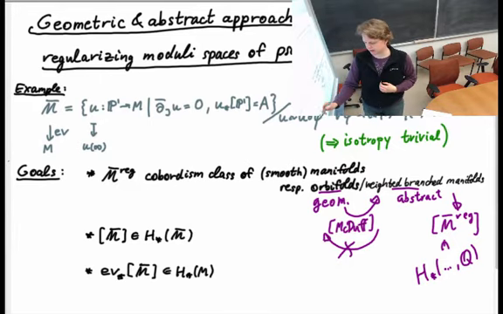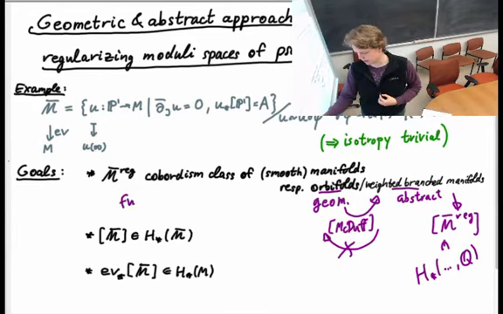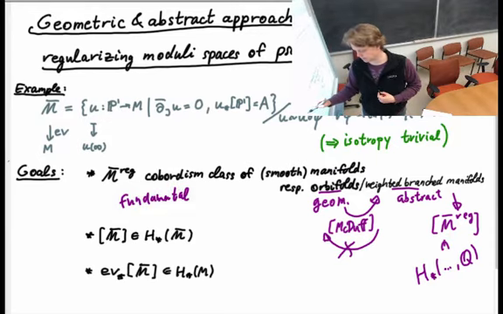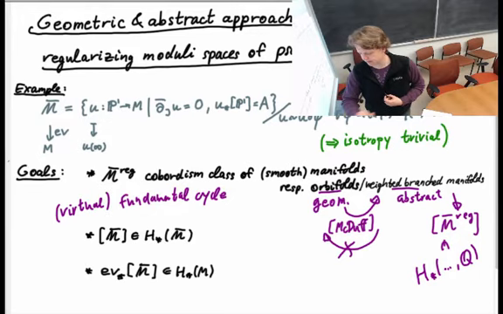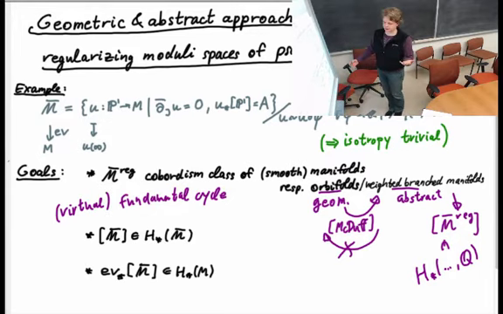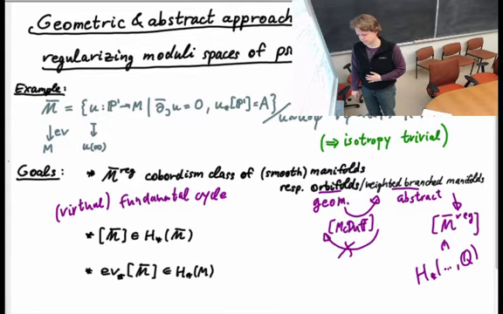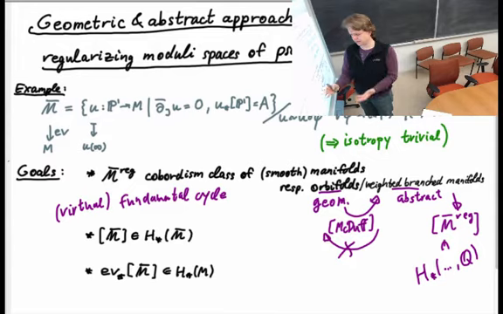So I would call this the fundamental cycle, possibly virtual, if for some reason you feel that that's a shaky thing, or that the cobordism class here means that it's not a cycle, but a cycle up to something.